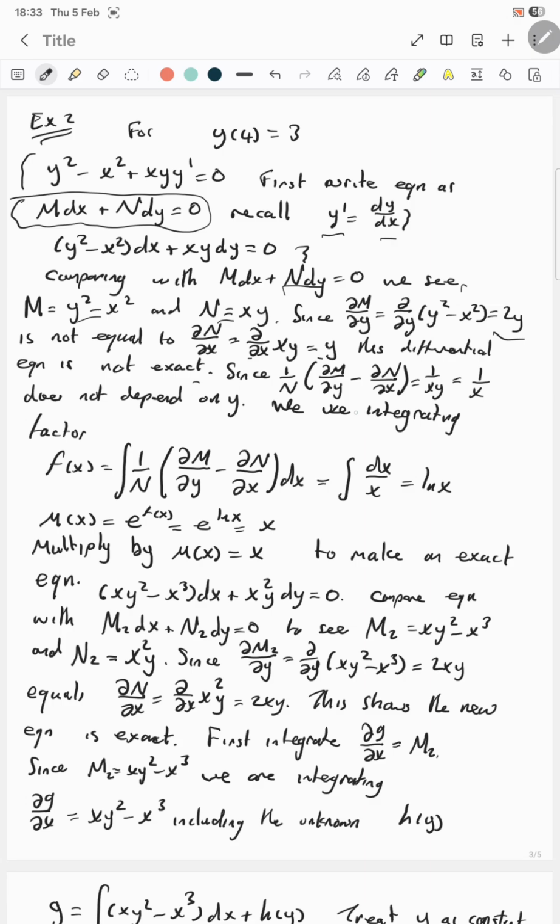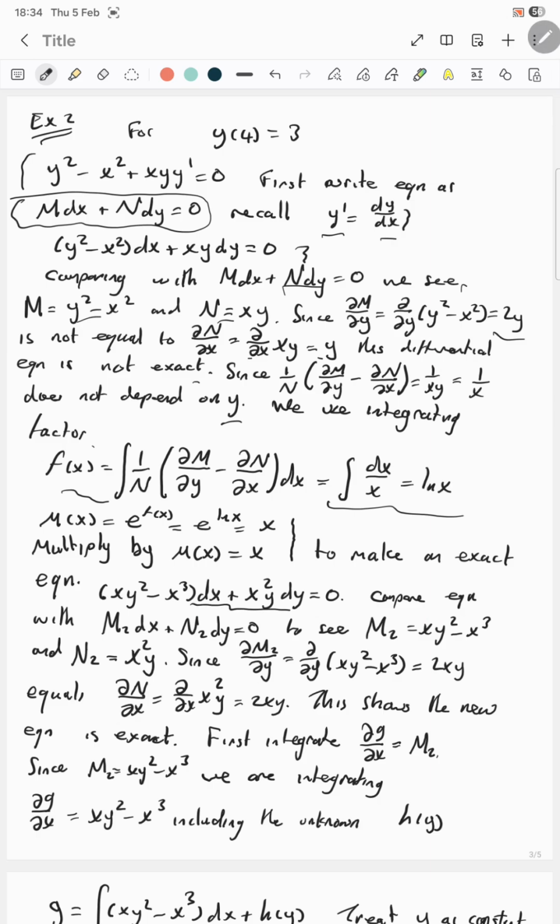Since 1 over N times dM by dy minus dN by dx equals 1 over x, which does not depend on y, we use the integrating factor. We write this as such, and we'll get our integrating factor here. So here we multiply by mu of x equals x to make an exact equation, which gives us this equation here.